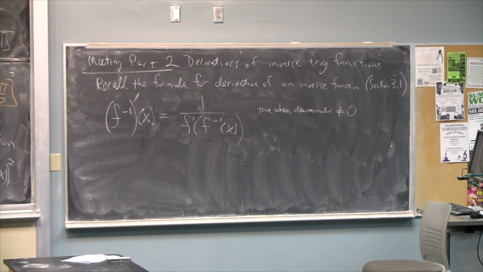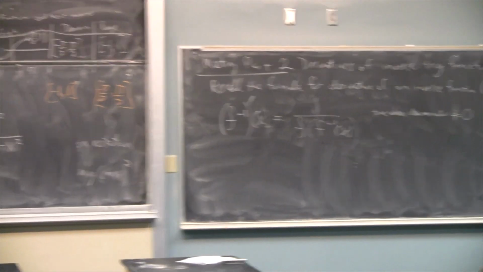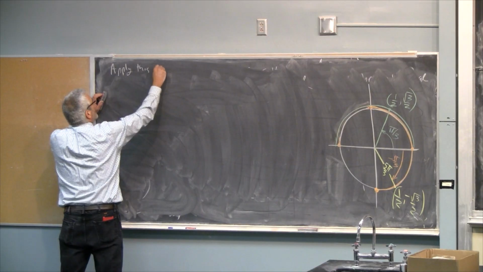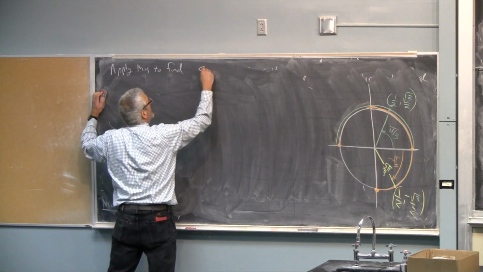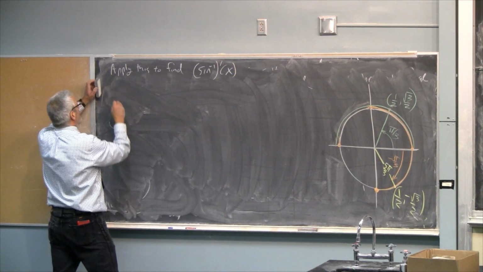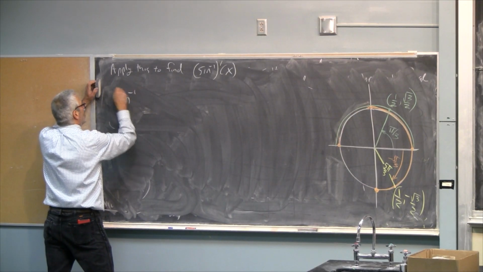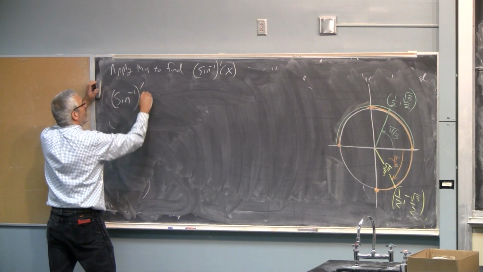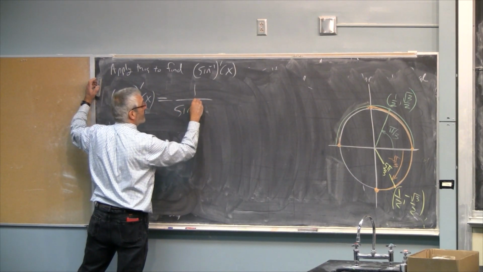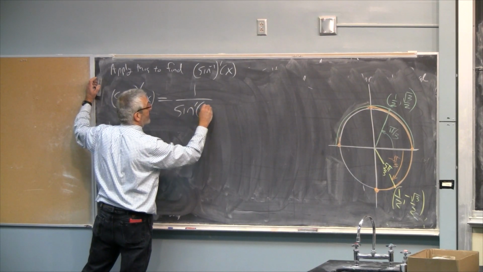So let's apply that to try to find the derivative of sine inverse of x. So sine inverse prime of x, according to that, is 1 over sine prime of sine inverse of x.